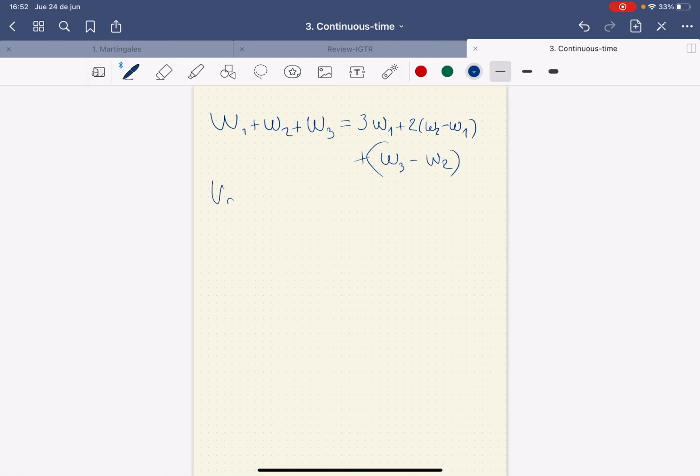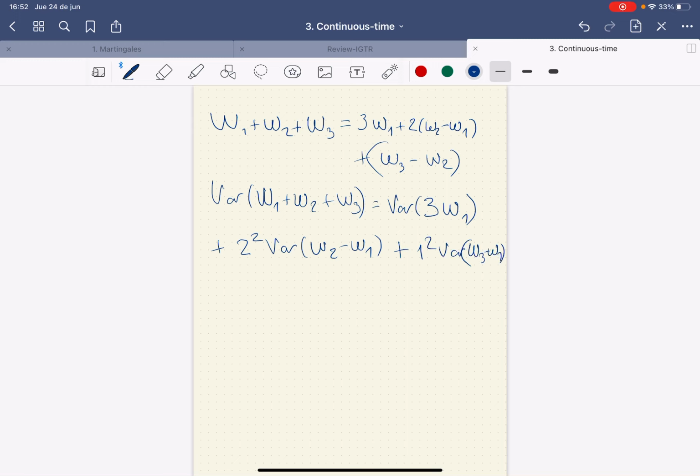So when we take the variance of W1 plus W2 plus W3, what we have is just the variance of 3 times W1 plus 2 square the variance of this here plus 1 square the variance of W3 minus W2.